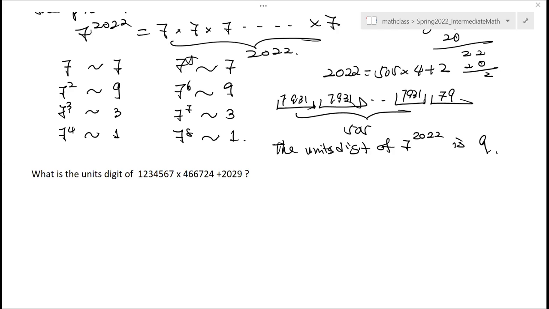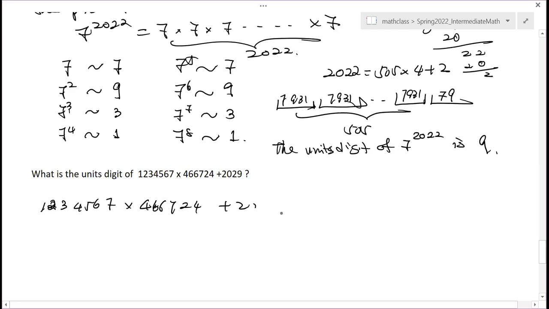Okay. So 7 times 4 is 28. You only need to consider the last digit, 4 times 7. And for the same reason, the units digit of the sum is going to be the sum of all the units digits.